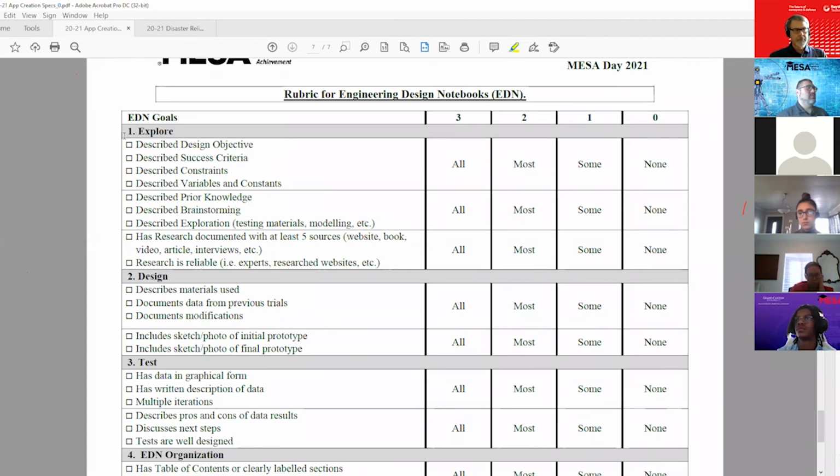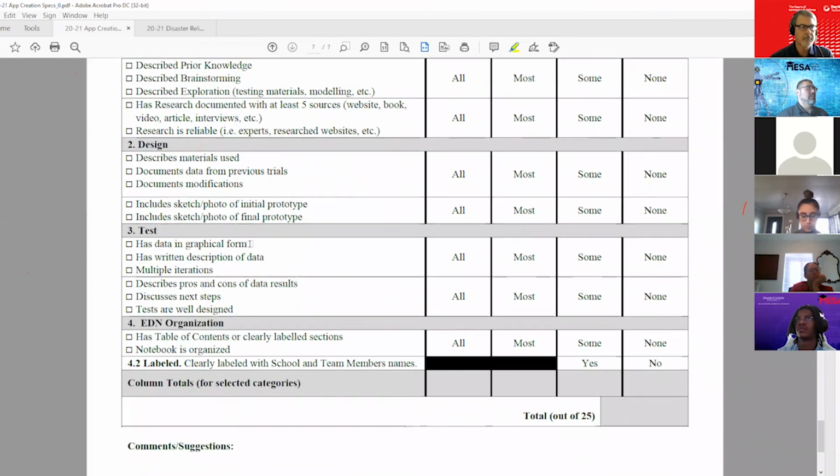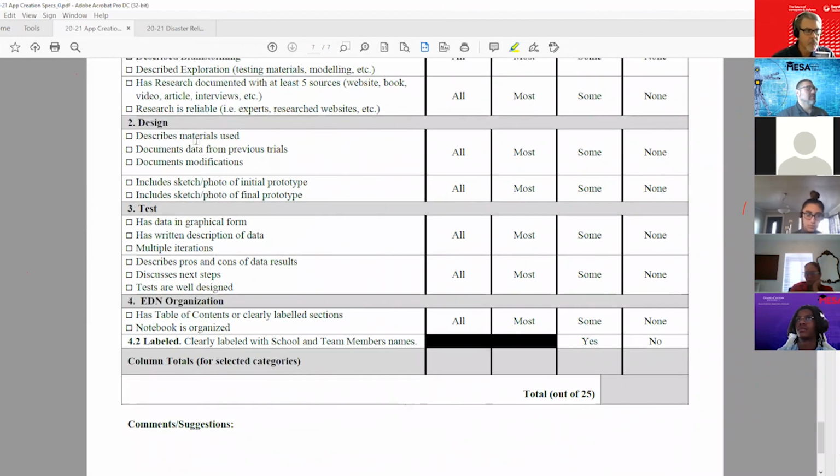So this is going to be your explore section of your notebook, and you're going to have these pieces, right? And these may be 3 sections under explore. Then you're going to have your design section, right? You're going to have a materials section in design, and you're going to have data from previous trials, like the sketches, right?